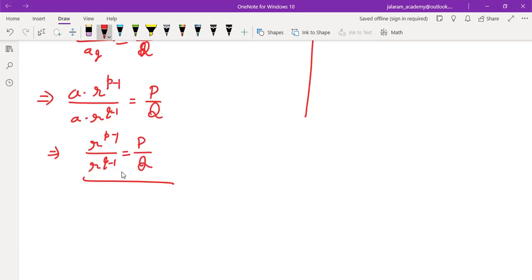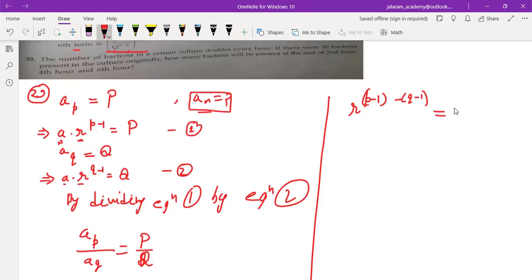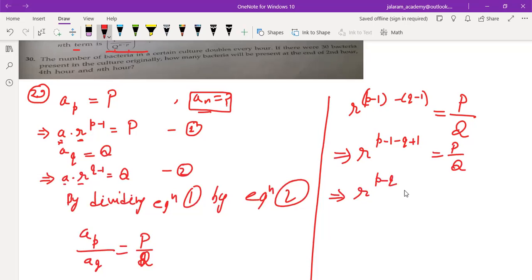On simplifying, R to the power p minus 1 minus q plus 1 equals P by Q. The 1 will be cancelled out, so R to the power p minus q equals P by Q. It implies R equals (P by Q) whole to the power 1 upon p minus q.